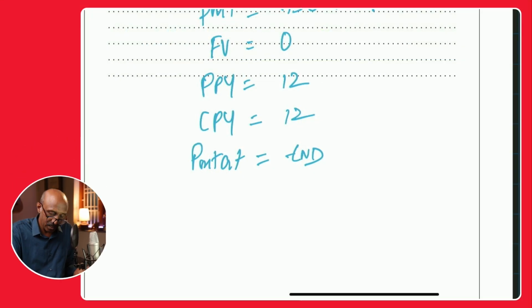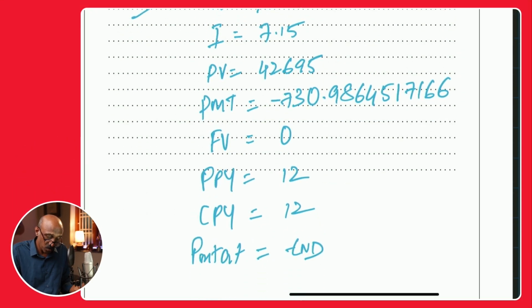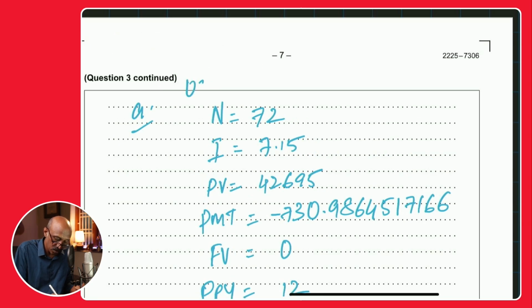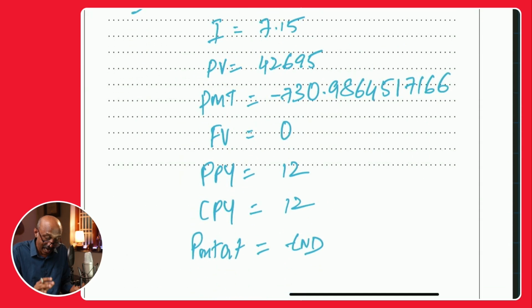But coming back to my OneNote, this is what counts as working. So you can write right at the start, using GDC, and then you can write down all of this as it is shown.